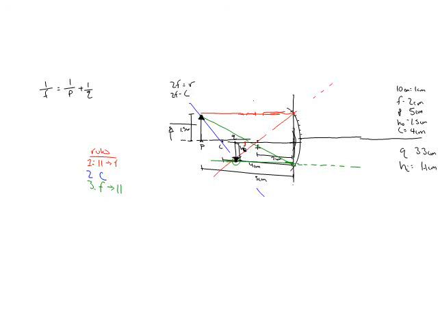We were given F and P, and we found Q using our ray diagram. So let's put F and P in here and make sure our Q comes out to be something similar. It doesn't have to be exact, it just has to be pretty close. So 1 over F, F is 2, P was 5, and equals 1 over Q. So this would be 1/2 minus 1/5 equals 1 over Q.